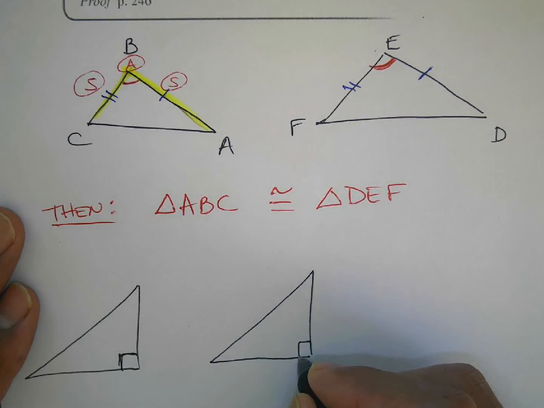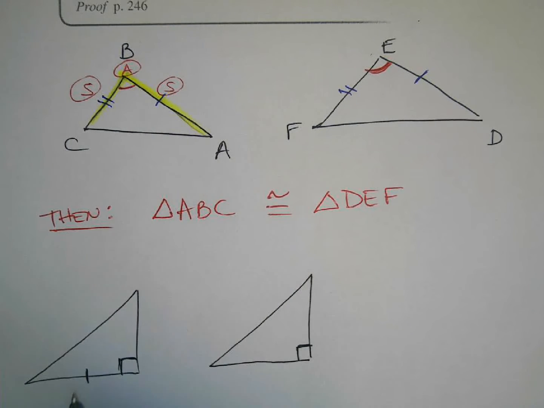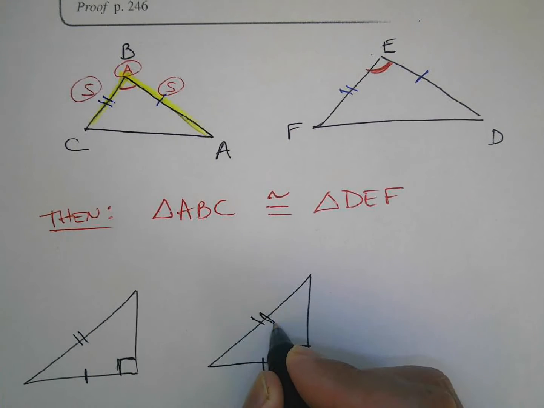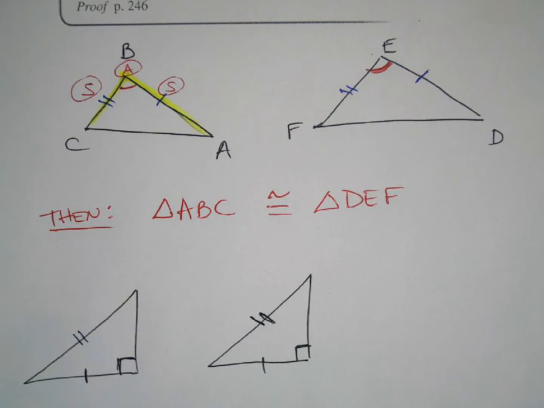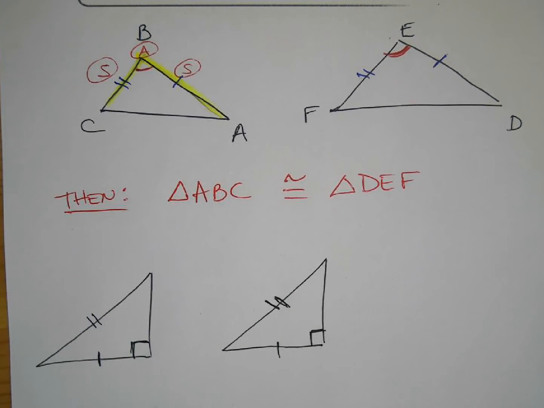Here's my two triangles. This is side. Is this side angle side?